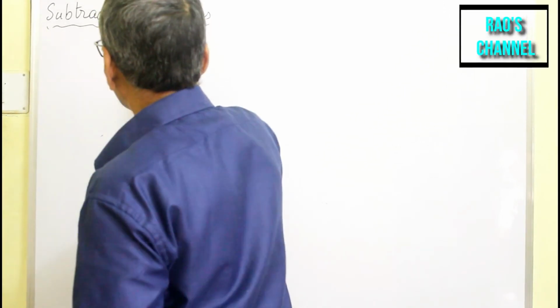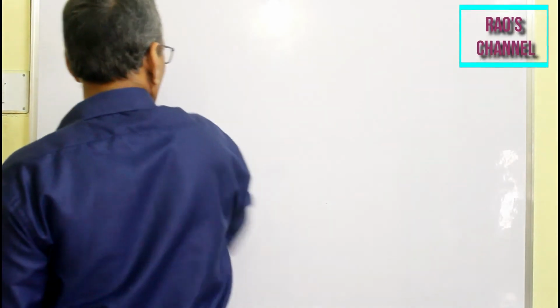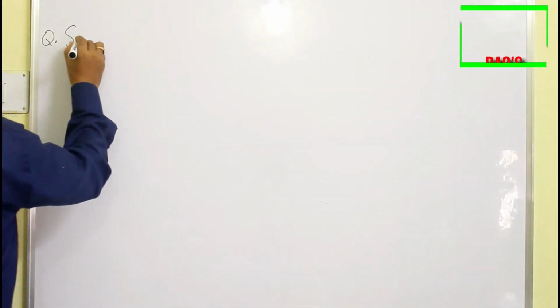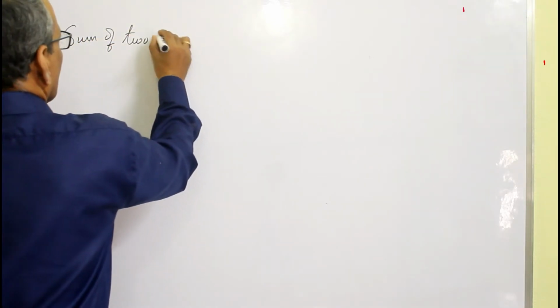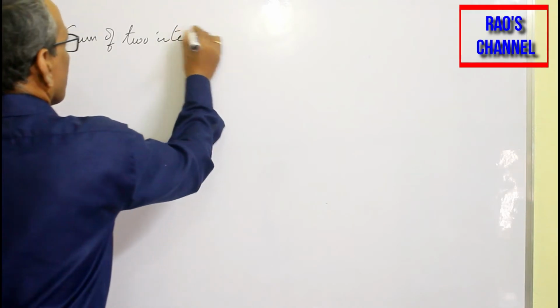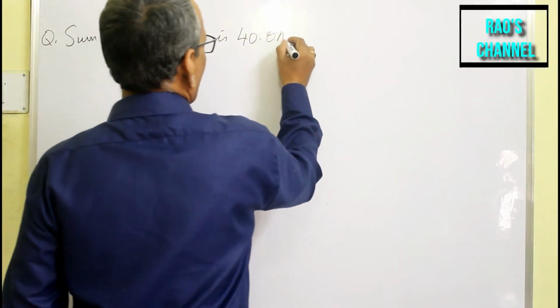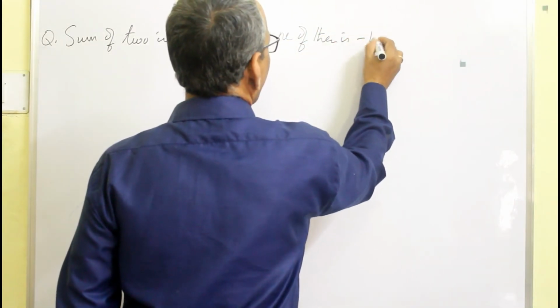And these verbal questions are very important for 3 marks questions. Let's see how they frame the question. Very simple. Sum of two integers is 40. One of them is minus 18.